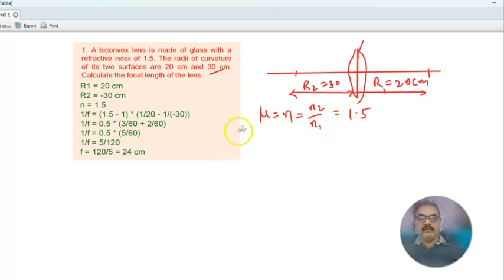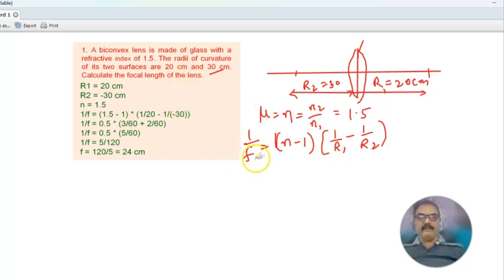So the equation is what I just taught you: 1 by F is equal to (N minus 1) into (1 by R1 minus 1 by R2). The question is very easy, but the calculation is very difficult for average and below average students. So now we need to calculate F. When all these things are given, just substitute.